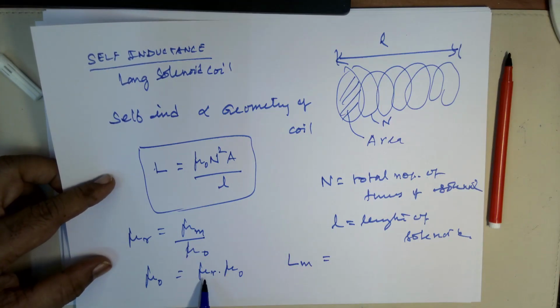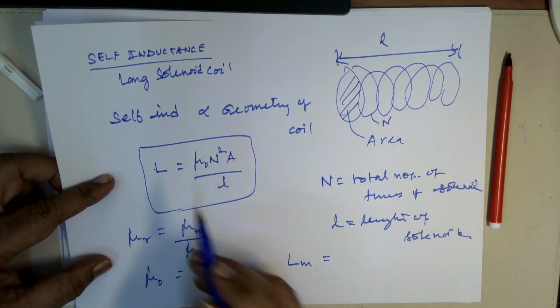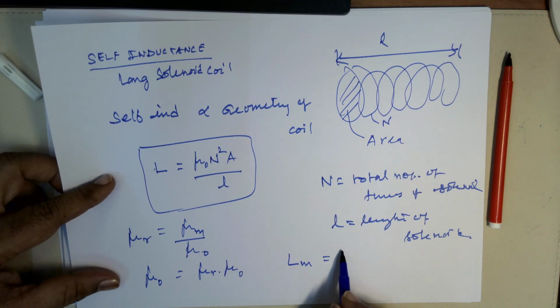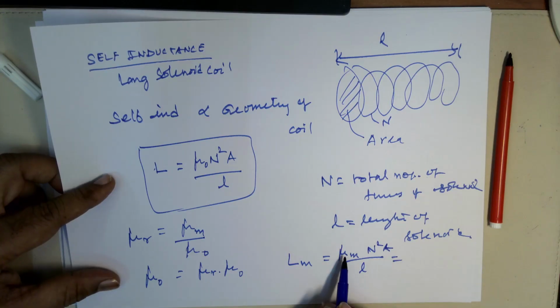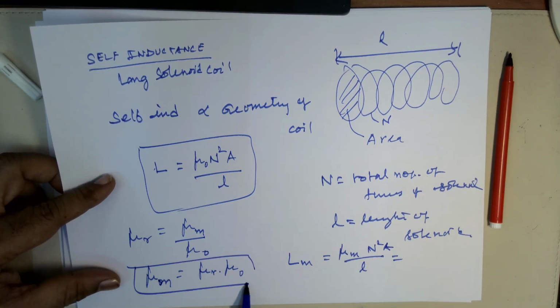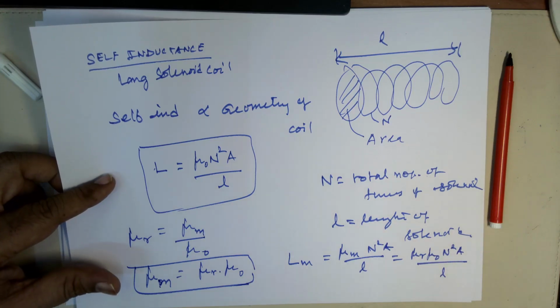In that case, instead of mu naught, you have to put mu naught mu r, because we will put first mu m, n squared A divided by L, and that mu m can be expanded in this way. So mu m is expanded as mu r into mu naught, and then n squared, then A, whole divided by L. Okay.